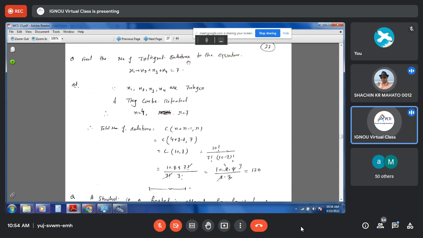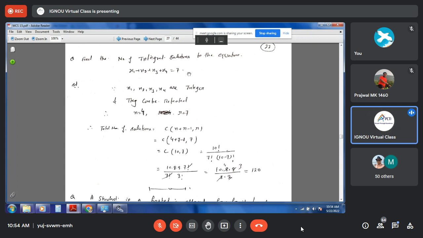Find the number of integral solutions to the equation x1 plus x2 plus x3 plus x4 is equal to 7. First, understand it. What does it mean? If you add the 4 integers, then their total is 7. Like this, 1 plus 1, 2, 2 plus 2, 4, 4 plus 3, 7.